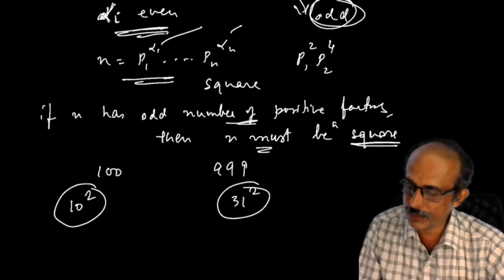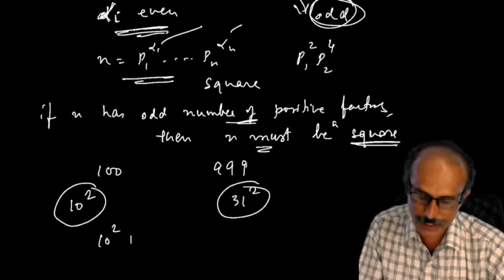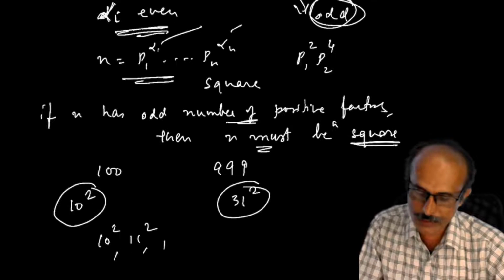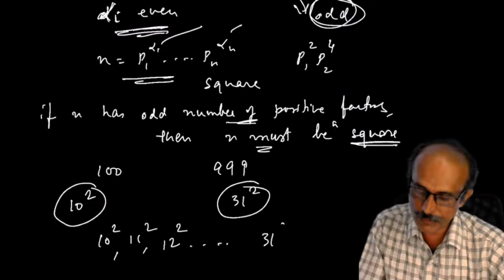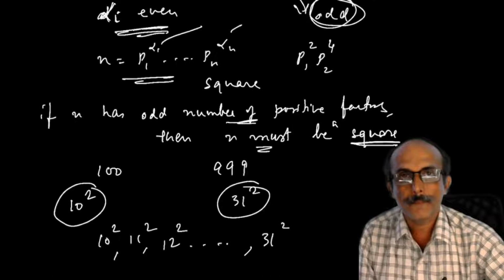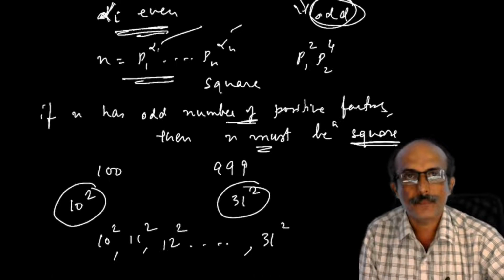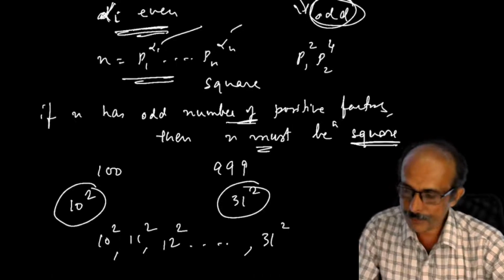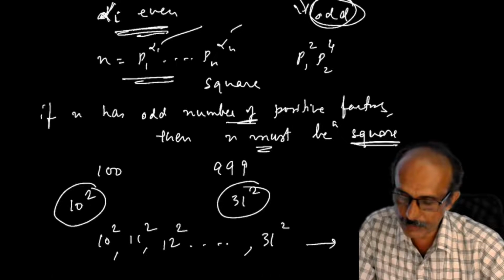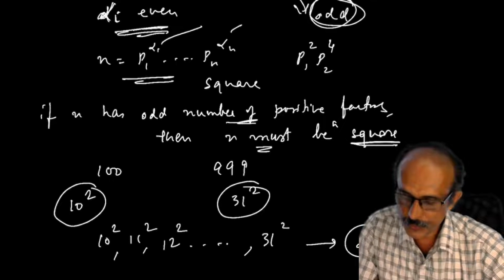So we can easily now compute 10 square here, 11 square like this, 12 square up to 31 square. These are all the squares. We are interested in the number of these. So that's clearly given by 22, right?